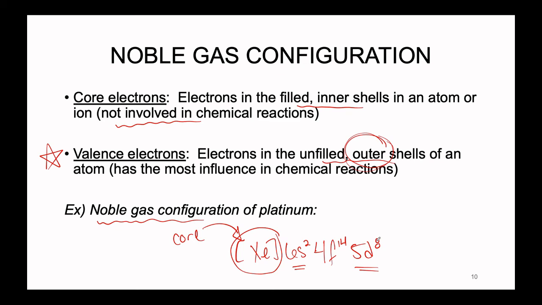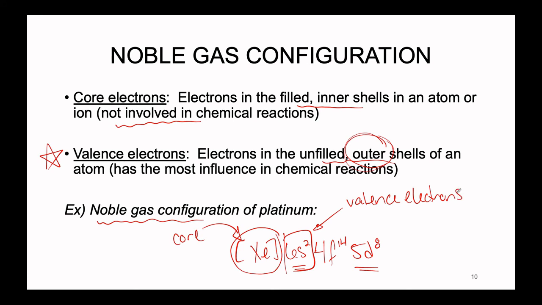Each of these could be considered to be valence in some way. If we are considering the ionic characteristic of platinum and which electrons are going to be the most reactive first, that award goes to the 6s2. And so if we were to label which of these sets of electrons is the most valence, the 6s2 is what we would conventionally consider to be the valence electrons.